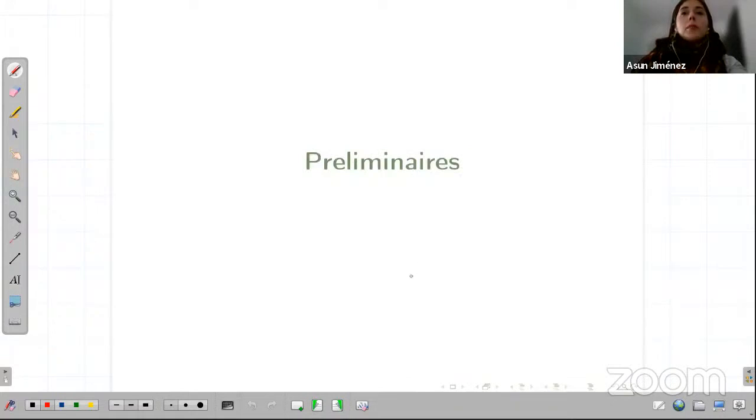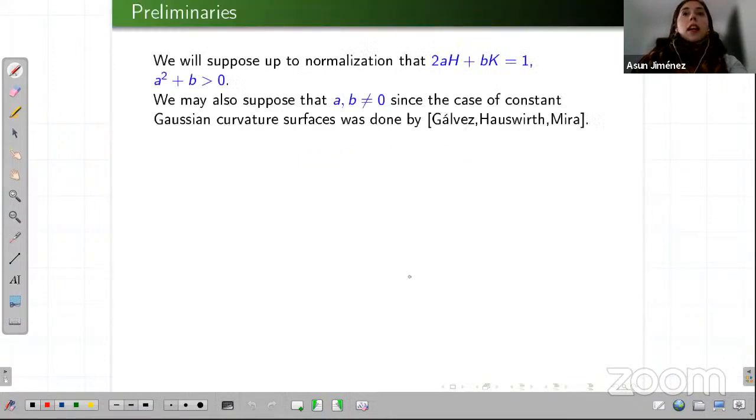Well, let me start with some preliminary statements. For our purpose, you can suppose that the family we are studying is this one. You can normalize and suppose this constant here equal to 1. And this is the ellipticity condition in this case.